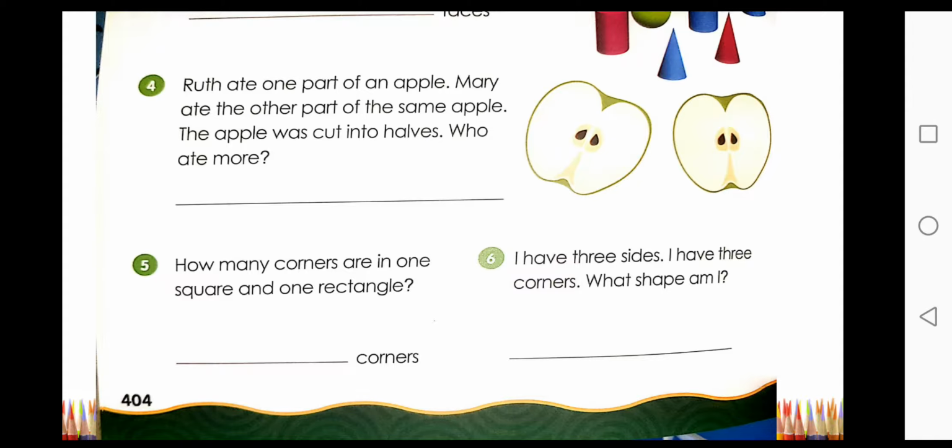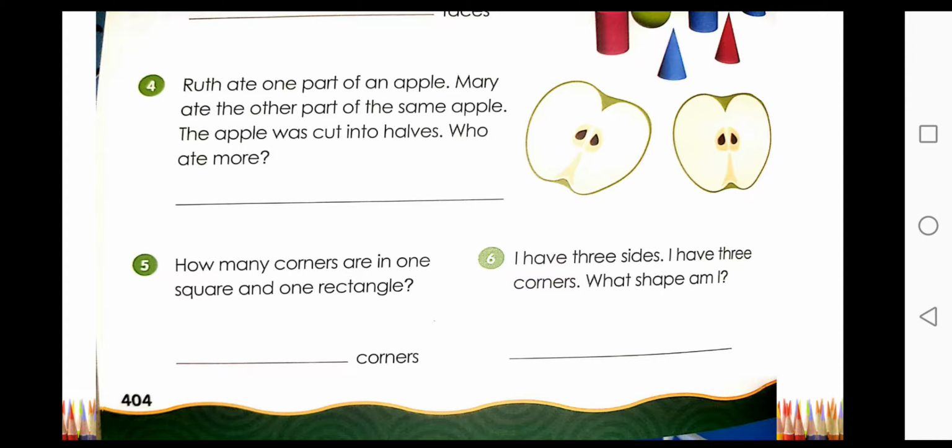Next, I have 3 sides. We are talking about 2D shapes. I have 3 sides, 3 corners.